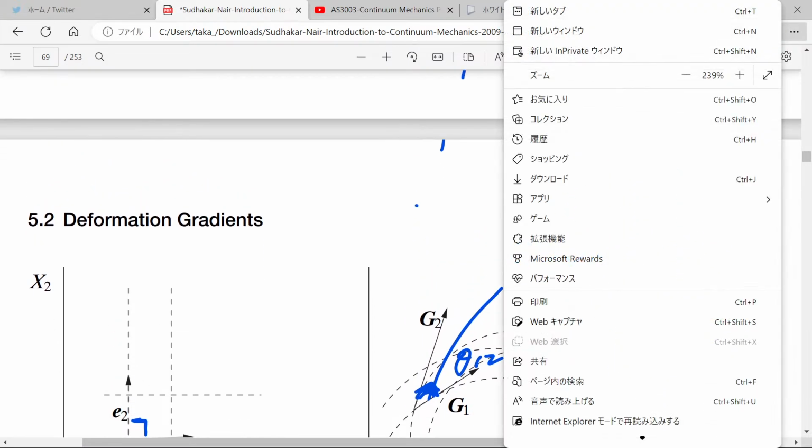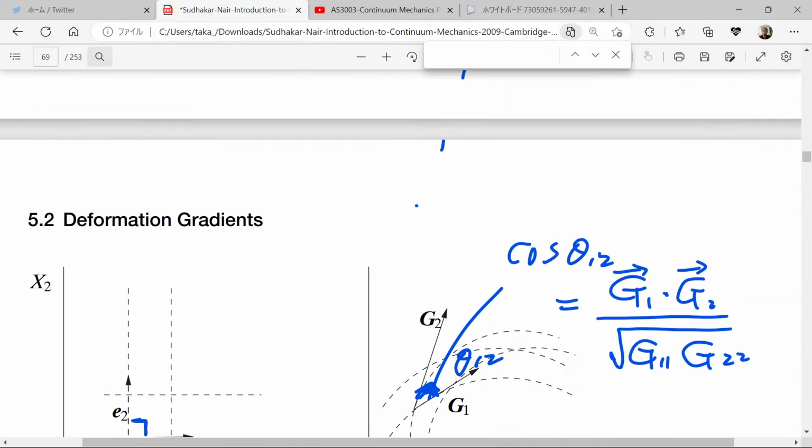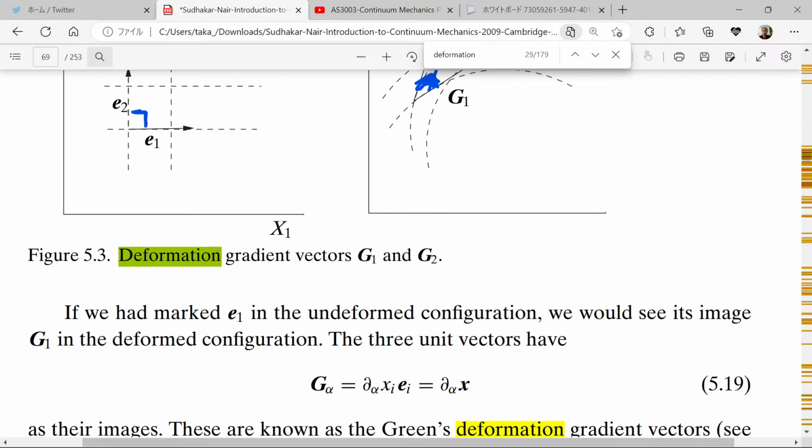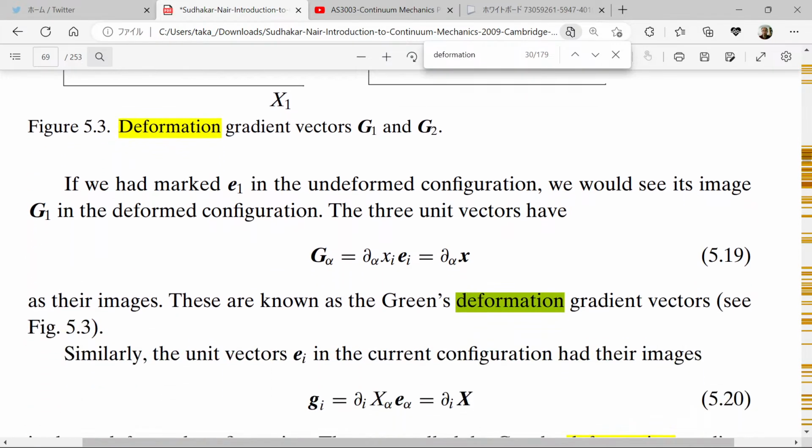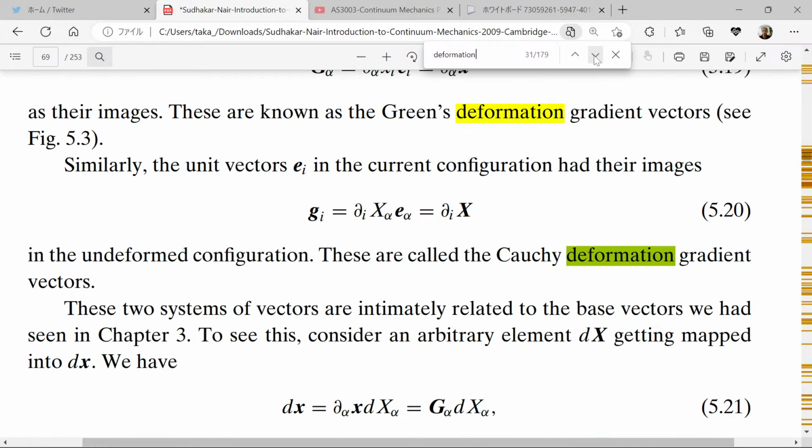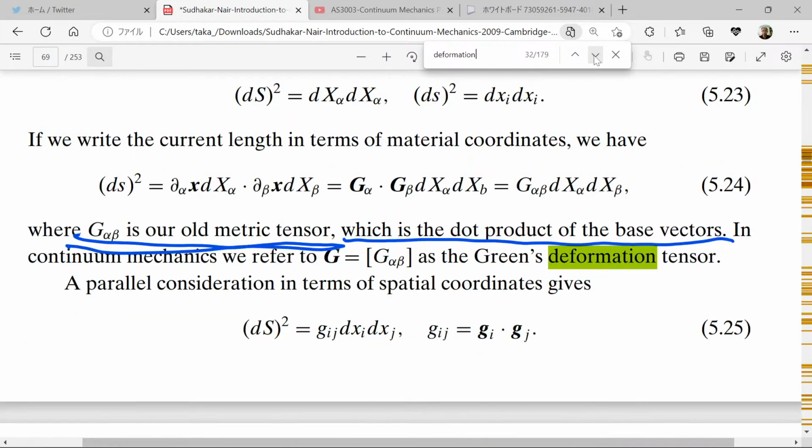Complicated. What is deformation? Green deformation vector. Deformation tensor.